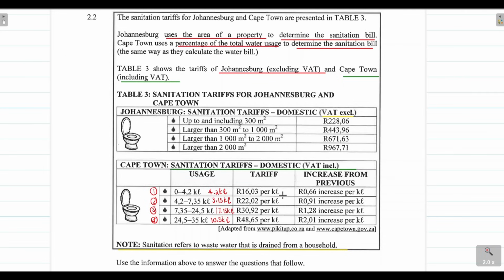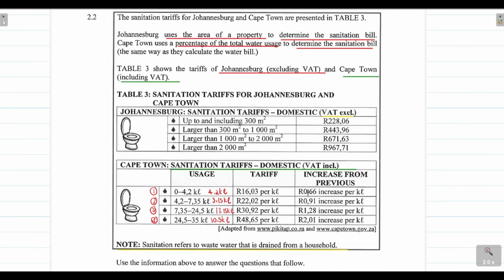Previously, the amount was therefore 15 Rand and 37 cents per kiloliter that you'd have to pay for sanitation usage in the first block. That is what it's telling us. They're not telling us that we have to include the increase. They're just telling us that this amount represents an increase from previous amounts of 0.66 rands.